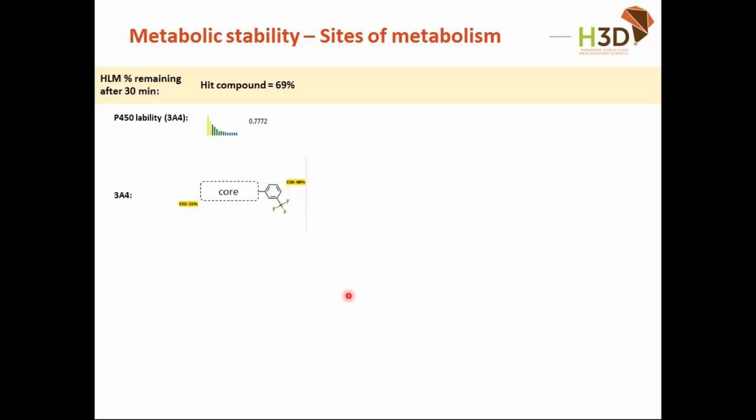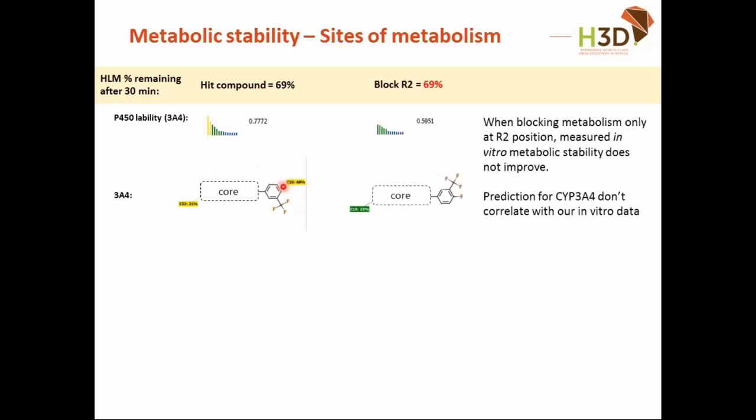So we wanted to understand where the metabolism occurred to be able to block the metabolism along the way. And by using the P450 module on StarDrop, we can see that metabolism is likely to occur on the right-hand side here. So we decided to put some substituent at this position to block metabolism.